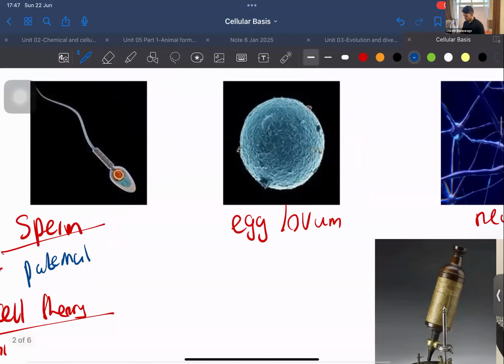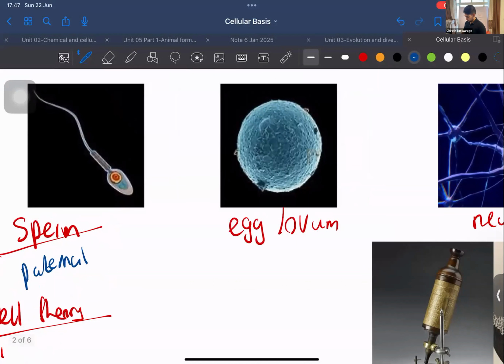Then under the second one, this is your egg. Write down the largest cell in the human body. Largest cell in the human body contains the maternal.